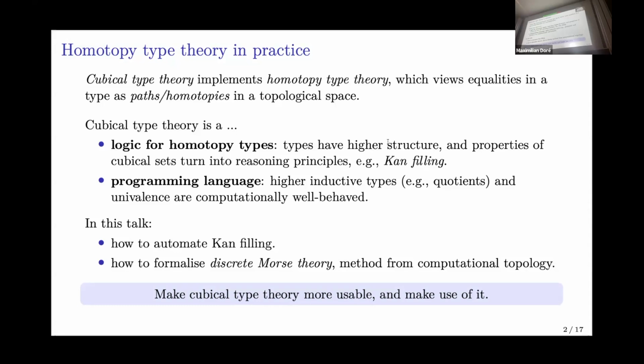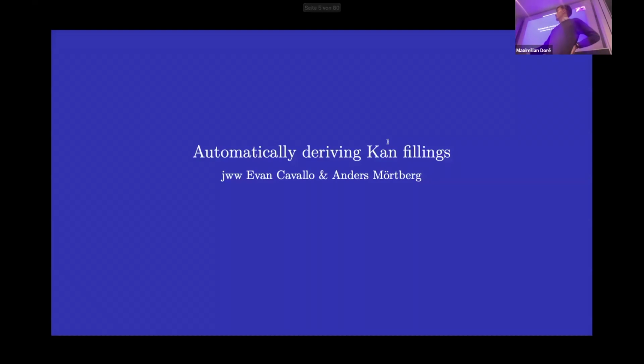Which kind of high dimensional type theory should we use? Can we just set aside all these issues? We just try to go with one particular candidate, and then this will hopefully also shed some light on what are good formalizations. But it's really more a pragmatic point of view that I'll take in the following. So about the first half of the talk, we want to come up with a solver that derives the ominous Kan-fillings.